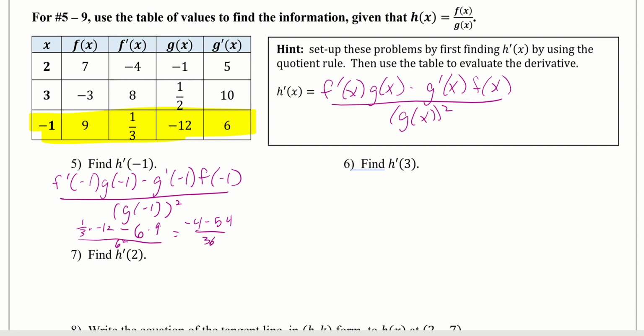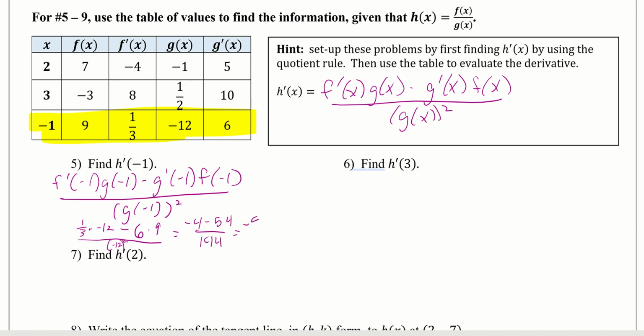Okay, and so, sorry to pause there for a second. I was looking, it looked weird. So thankfully I caught it now, but that g of negative 1, I was looking at g prime. I should have looked at g, which is negative, sorry, it's so squished down here, negative 12, which is 144.